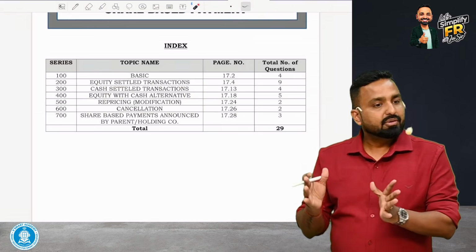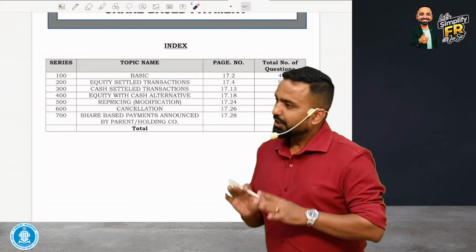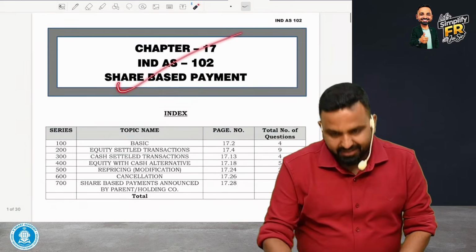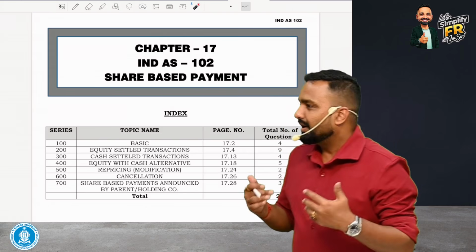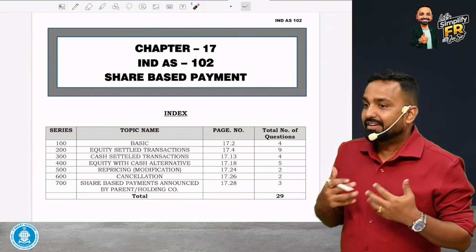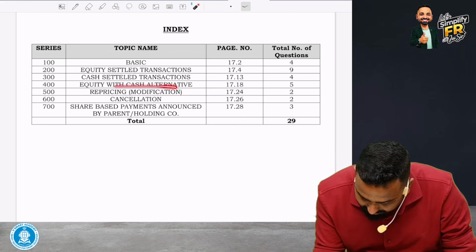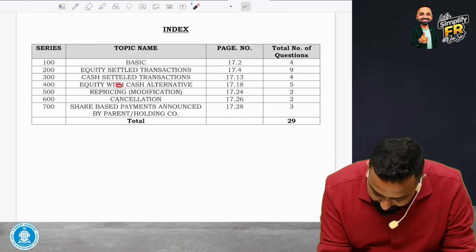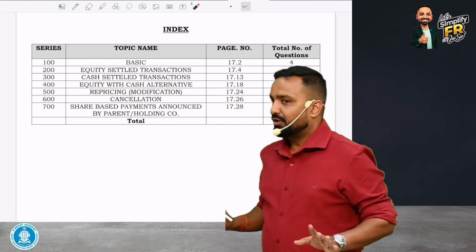Suppose at the time of exam, you have 2 days, 3 days, 4 days left. And you know that you are perfect in this chapter. Only one particular topic you don't have enough practice or enough confidence, maybe the repricing modification. So you directly go to that particular series, practice those questions and that's it.